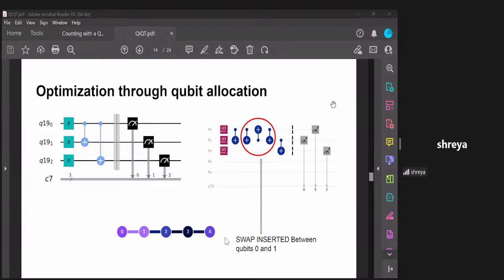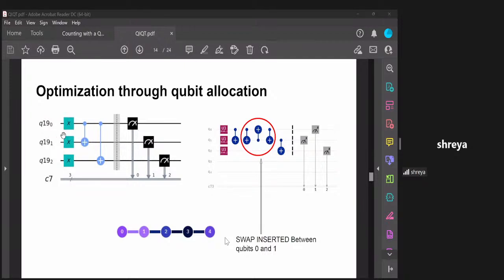So you can assign your logical qubit 0 to a physical qubit that has the number 5. That is qubit allocation. So in this case, what is the allocation?